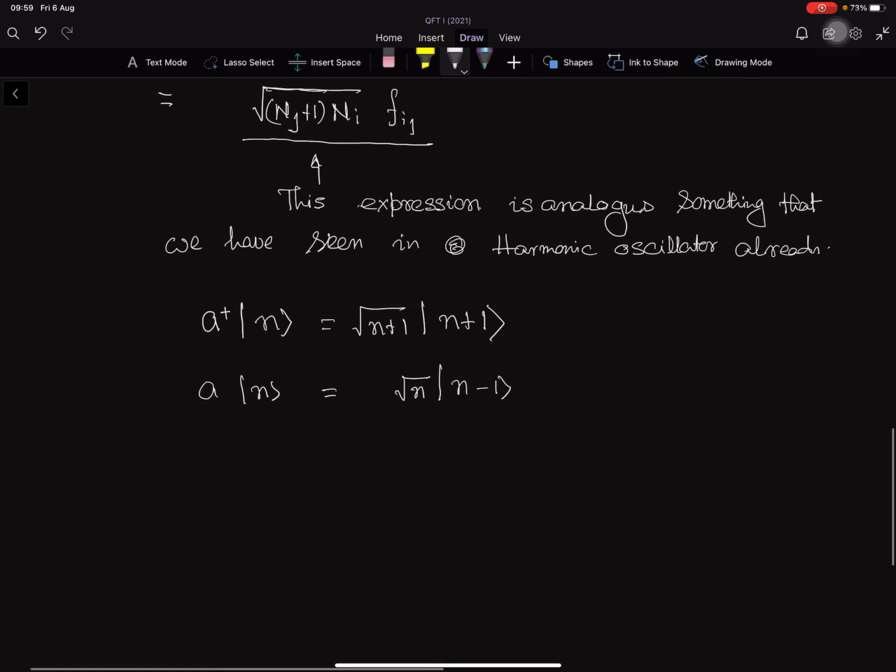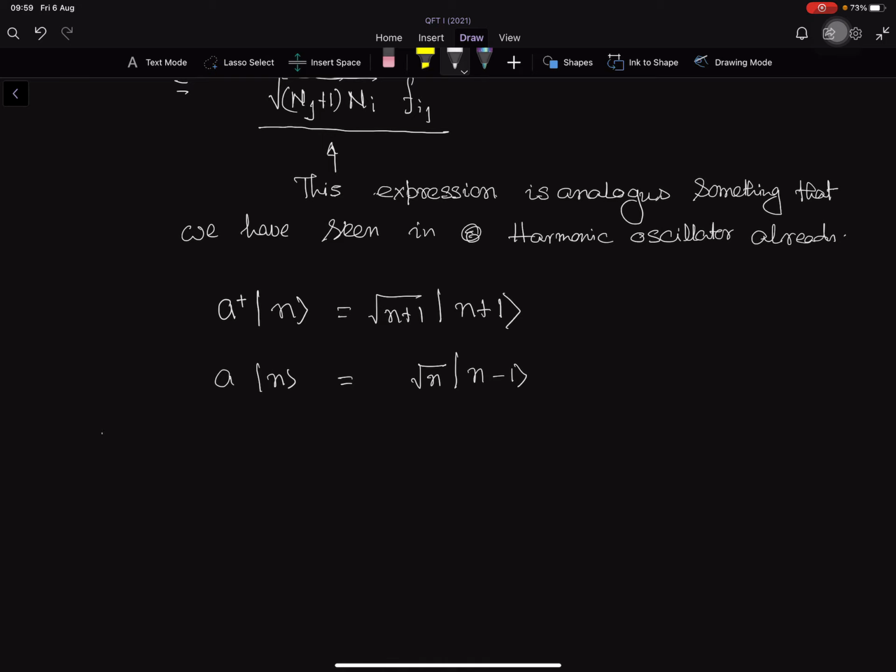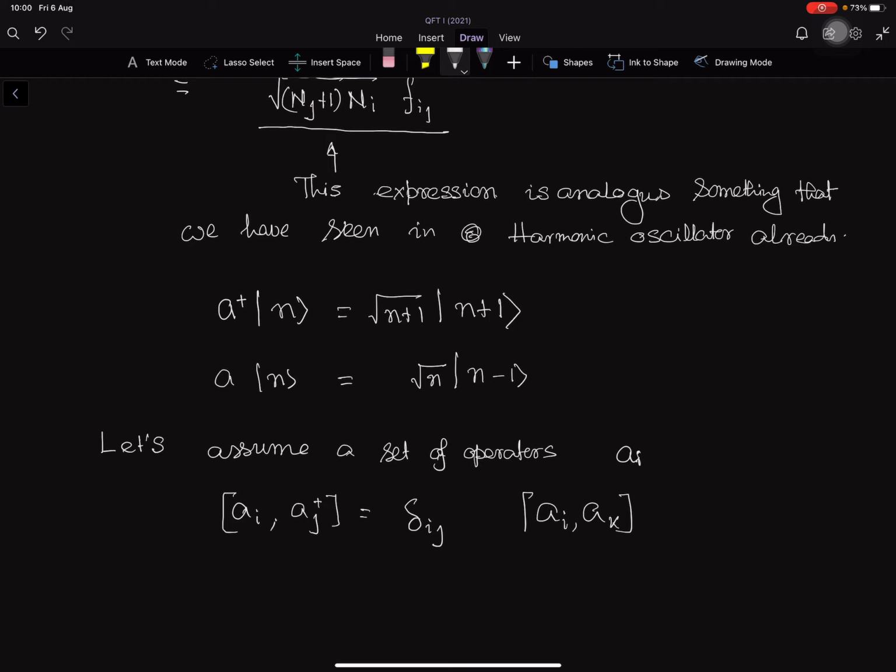Because of this, let's try to have a set of operators. We are postulating this set of operators, which we call ai, parameterized by i, such that the commutator of ai and aj dagger is delta ij, and the creation operators commute with each other.